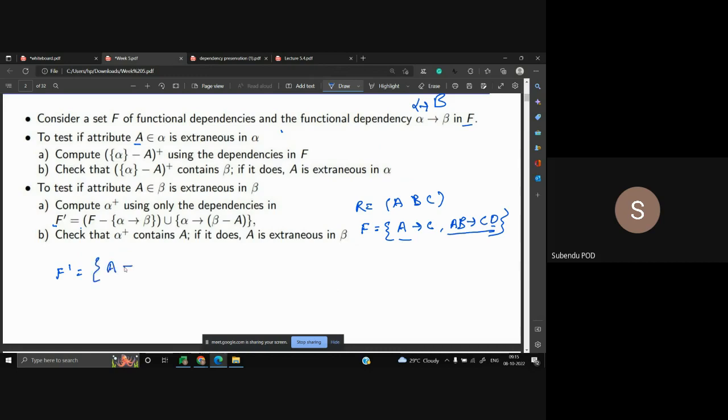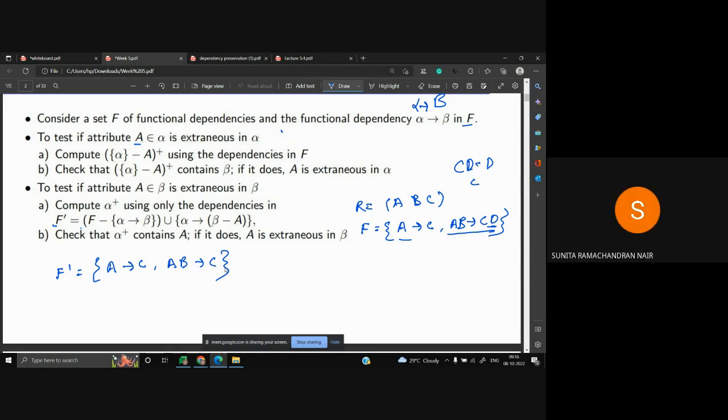A determines C. Then union alpha determines beta minus alpha. To check whether D is extraneous, beta minus alpha is CD minus D, which gives C. So AB determines C. Is it clear up to this point how to find it?